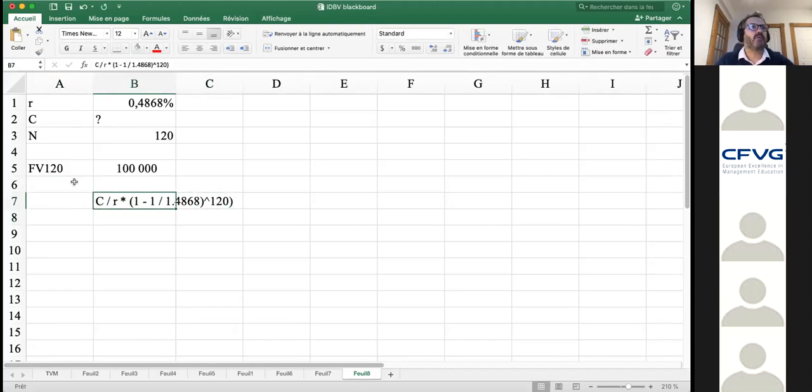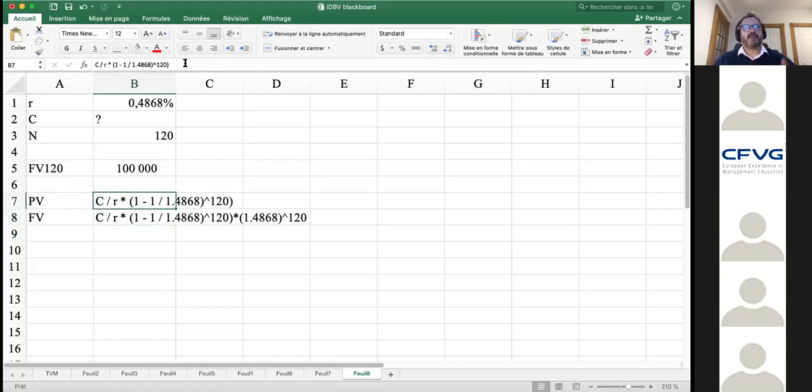So that's the present value of it. That's the present value, and the future value will be this, this times 1.004868 exponent 120. Okay, that's the two steps.